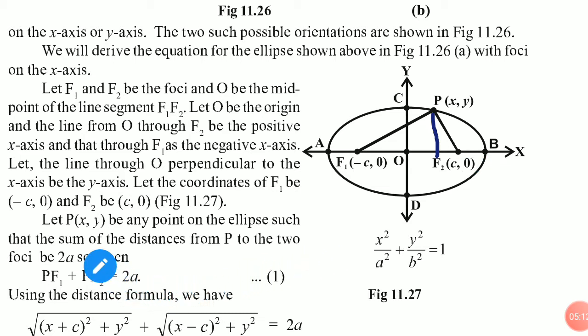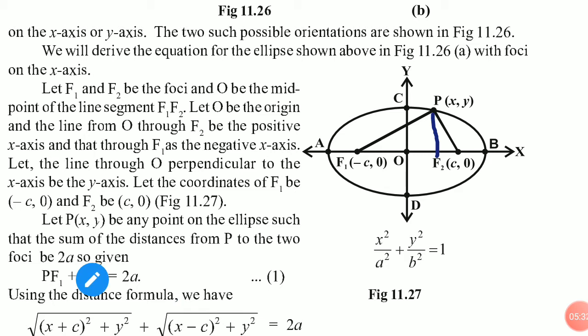So write that down first. Suppose P(x,y) is any point on the ellipse such that the sum of the distances from P to the two foci is always equal to 2a, which I explained in the previous video. You can watch that. So PF1 plus PF2 always equals 2a.